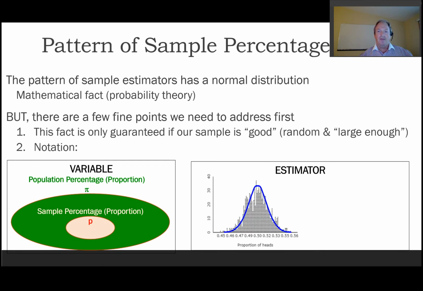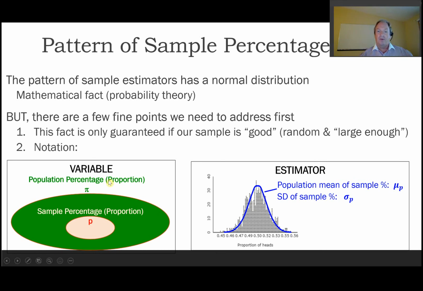Okay, what about the estimator? First of all, we have to realize we have two different distributions going on here. We have a population distribution and we have the sample data distribution. So when I want to talk about the population mean of the sample percentages, remember, percentages are quantitative.